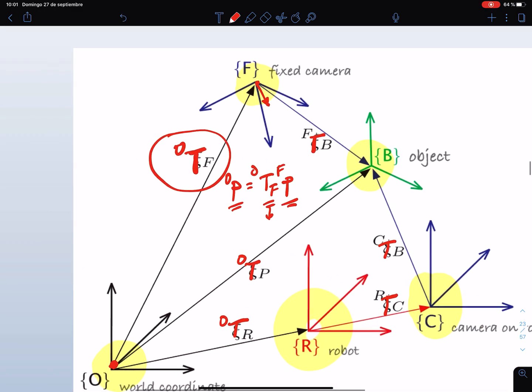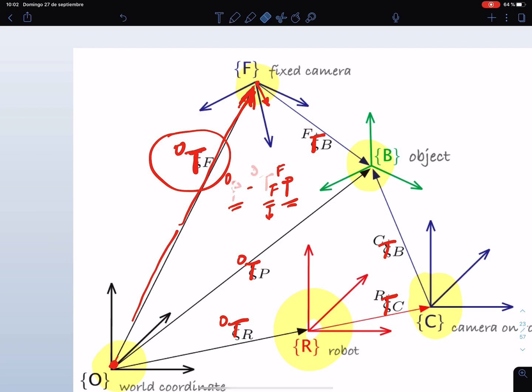Just another reminder, this arrow is important. This arrow should be understood that in some way F is referenced with respect to 0, okay? It does not mean that the coordinate change is from 0 to F. All the way around. This arrow means that 0TF will change coordinates from F to 0. If you have properly understood the previous discussion, then this should be clear to you.